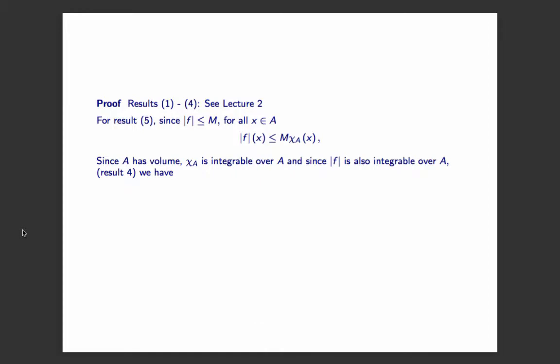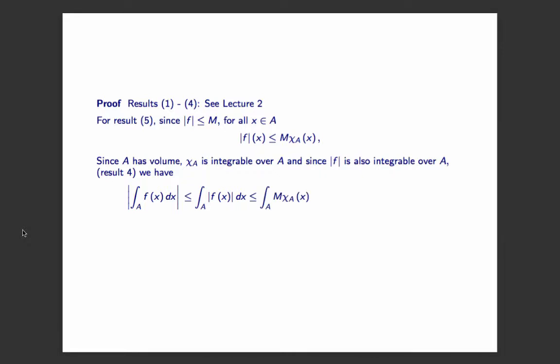Now since A has volume, chi A is integrable. And since the absolute value of f is also integrable, we have from result 4 that the absolute value of the integral is less than or equal to the integral of the absolute value.